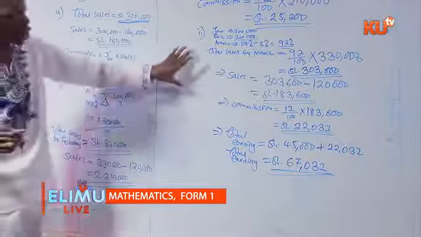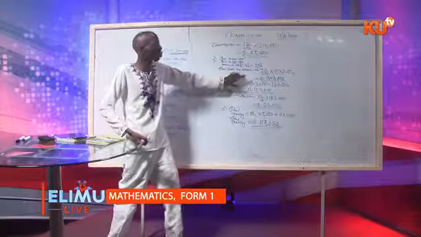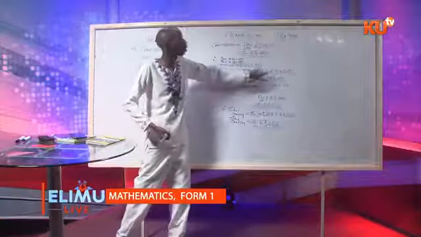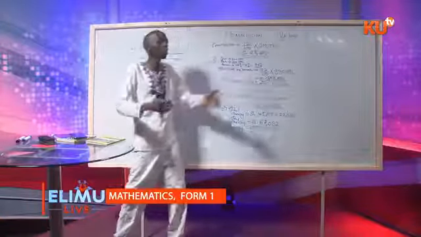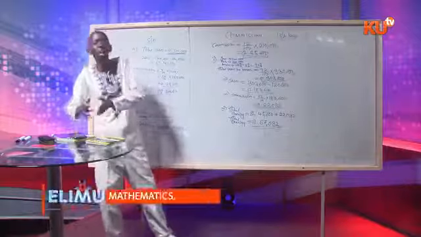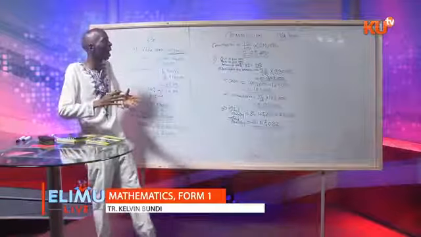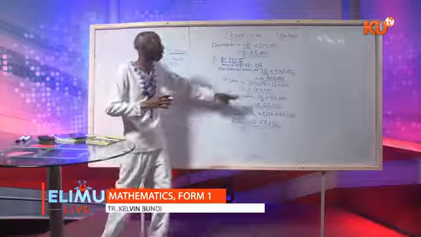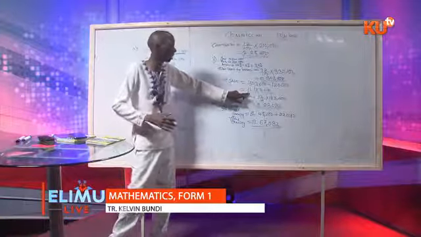So we said total sales for March dropped by 8%, so it will be 92% multiplied by the total sales for February. Then we subtract 120,000 because he is given commission for sales above 120,000. We get 183,600 shillings.